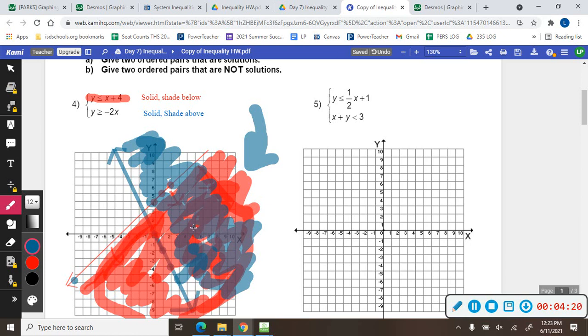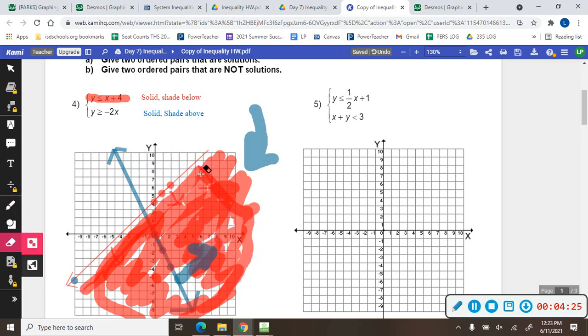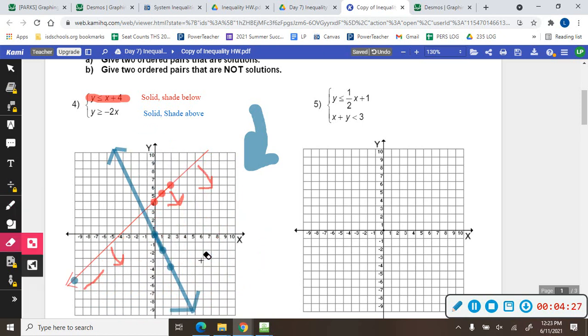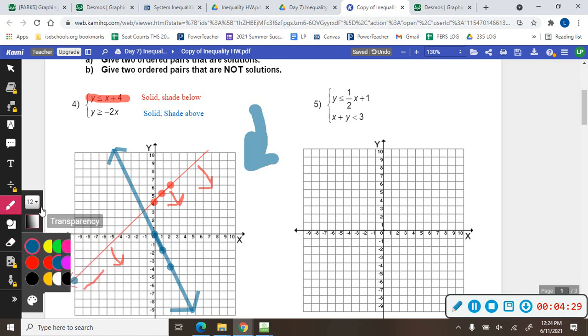And sometimes it gets to be a little confusing with all the shading. So sometimes I like to just get rid of all that, since I know that this one's above and this one's above. So the area I want to shade is this area.